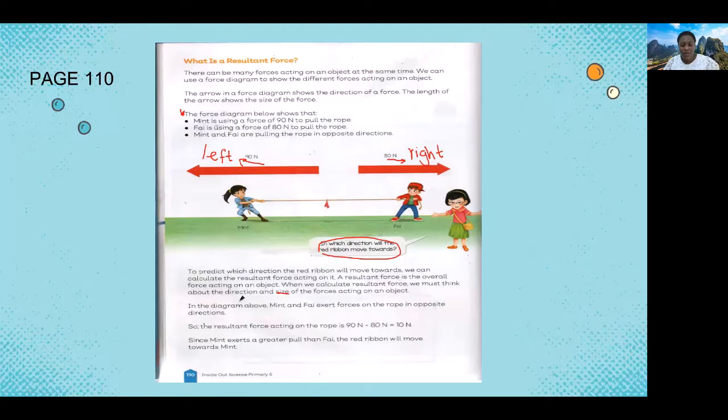So the resultant force here is 90 take away 80, you get 10 Newtons. Since Mint exerts a greater pull than Faye, the red ribbon will move towards Mint, because Mint is exerting more force than Faye.